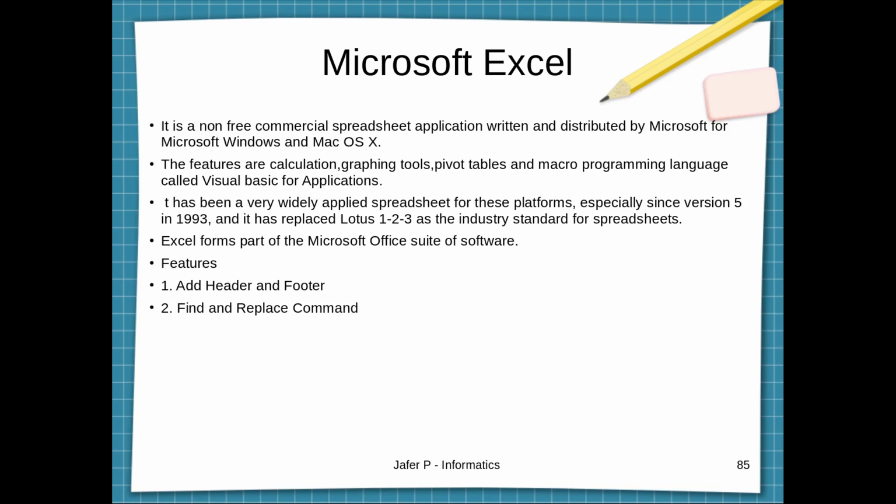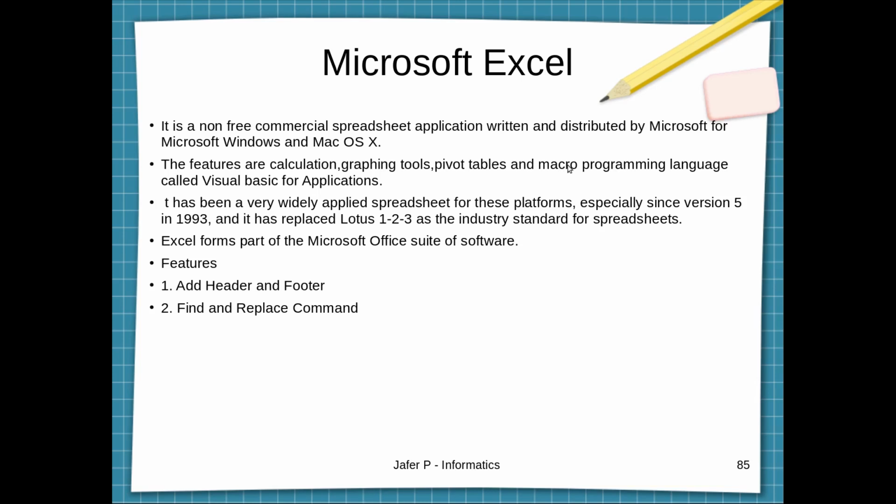Find and replace command. There is a built-in find and replace command. Suppose you want to find a particular word and replace that word with another word, you can find the word and replace it. For example, in this screen you can see there is a word called macro.